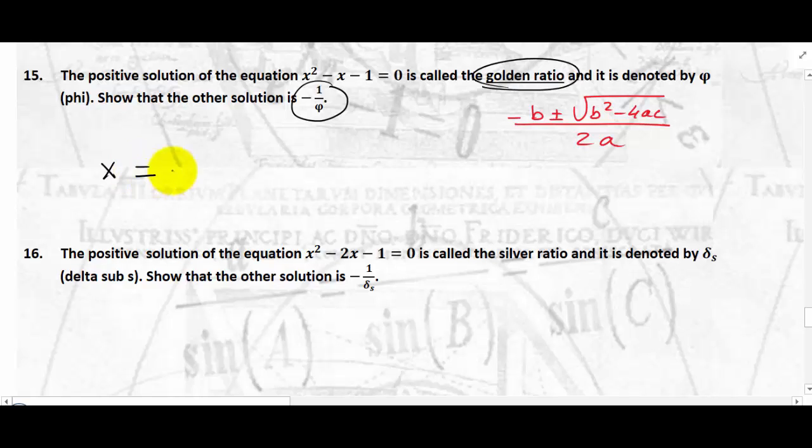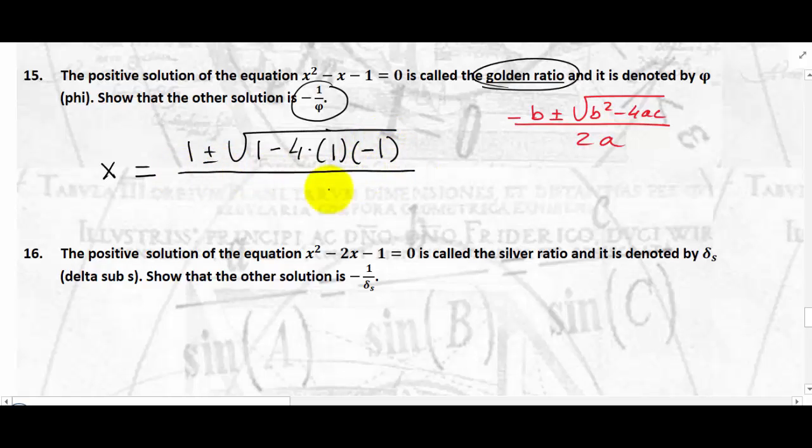So x equals, so negative b, so b is negative 1, so it's 1 plus or minus square root of b squared, negative 1 squared is 1, minus 4 times a times c, careful right here, it's negative 1 for c, right? And all over 2a, 2 times 1, 2.